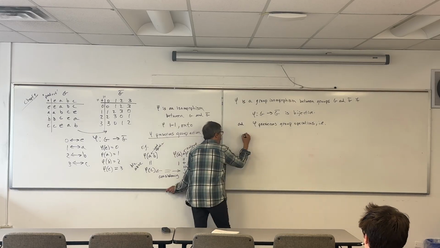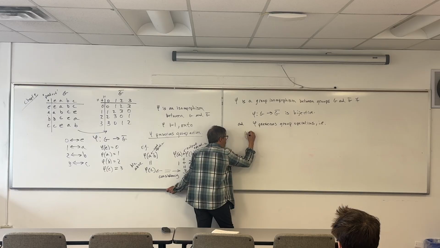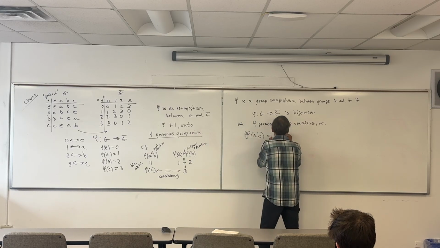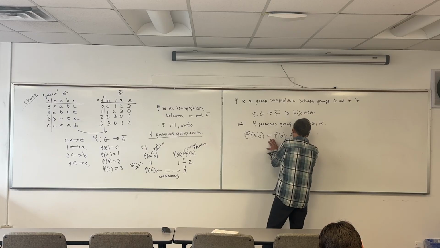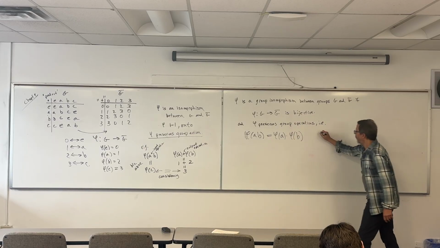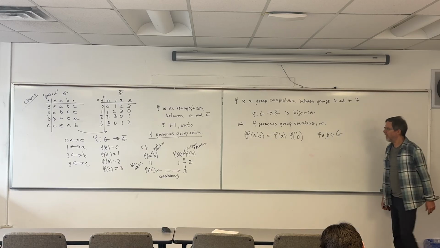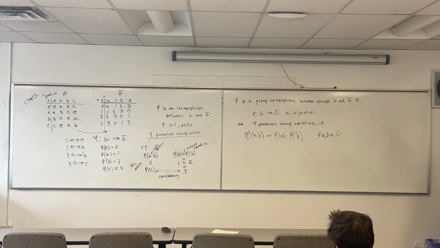I mean that phi of A times B equals phi of A times phi of B for all inputs from the source group G.